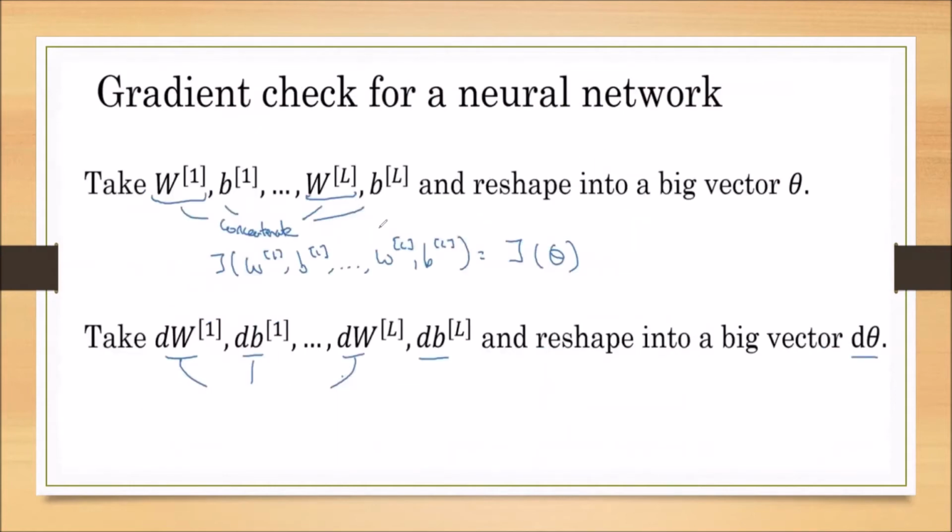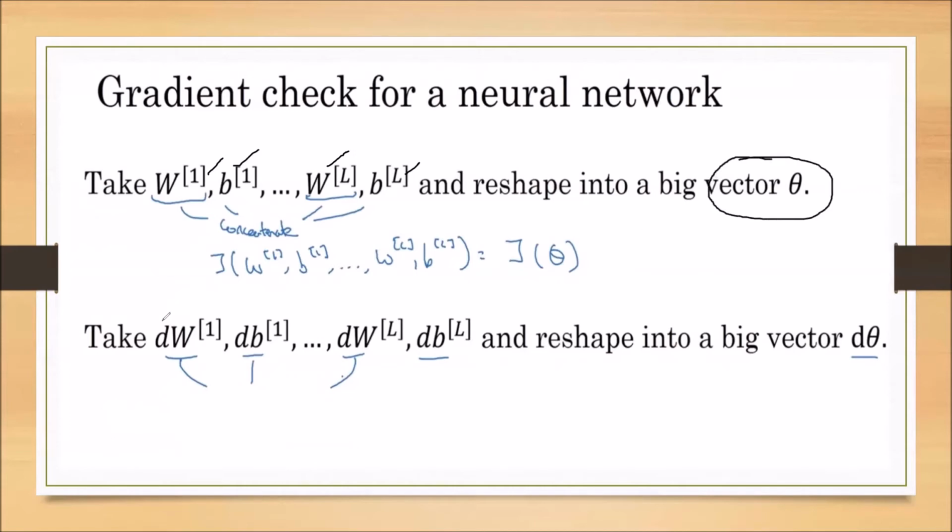But in a neural network, we have many parameters. We have many layers, and depending upon the layers, we have many parameter matrices. We reshape the elements of all these parameter matrices into a single column matrix, and we call that the vector theta.